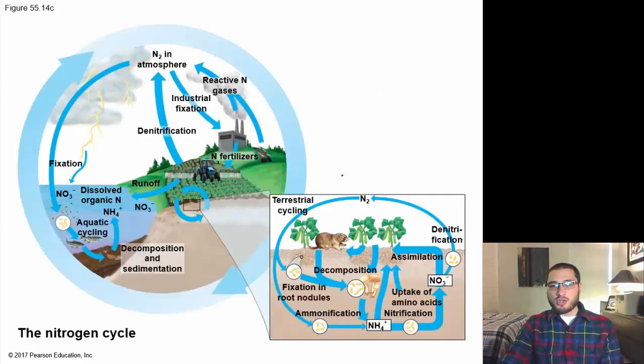So here you see they show you have your plants, and in your plants you have root nodules. In the plant you have a little root nodule, and it has that bacteria in it. That bacteria creates a mutualistic relationship with that plant, where the plant provides it a home really, and food, and the bacteria provides that plant with nitrogen.